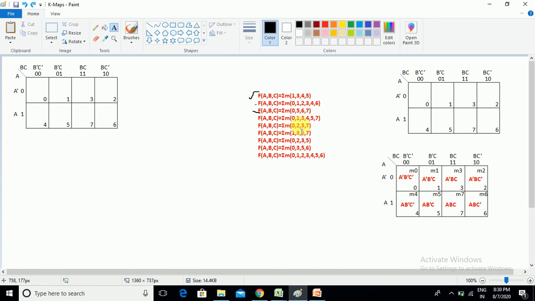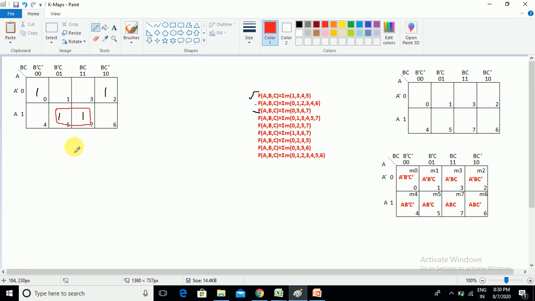Next problem: cells 0, 2, 5, 7. This one is also a very important one. Whenever you go to a question, you directly map the cells which are very easy. Here we think that 5 and 7 can very easily be grouped.